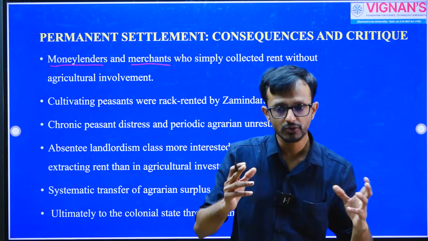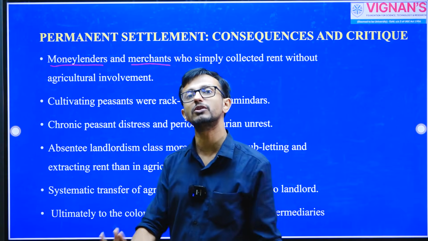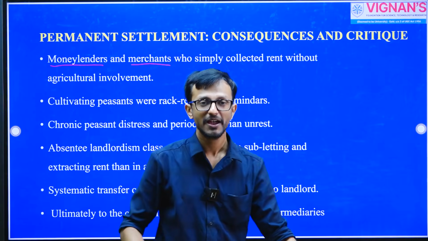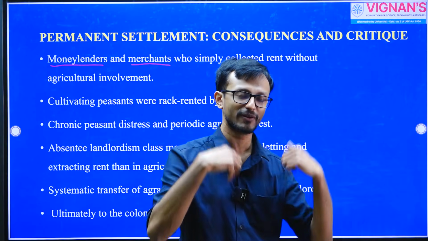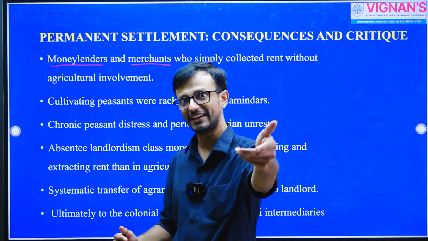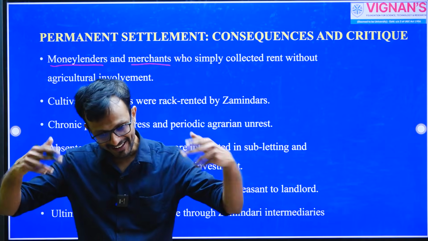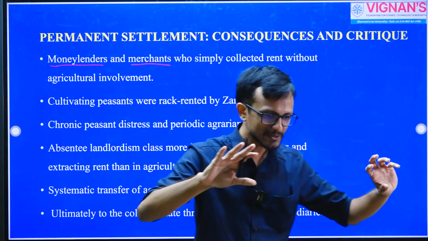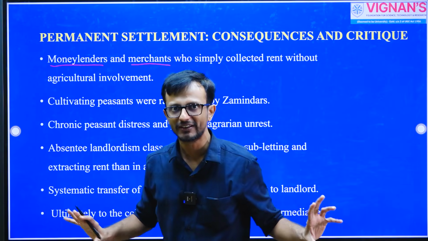And as a result of it, you see a class of money lenders also evolving. And these money lenders are also exploiting the peasants, because the peasants are forced to take money from the money lenders in debt, and the peasants have to pay back the money to the money lender, and the debt keeps on accumulating and increasing. So you see that it was a very exploitative system.